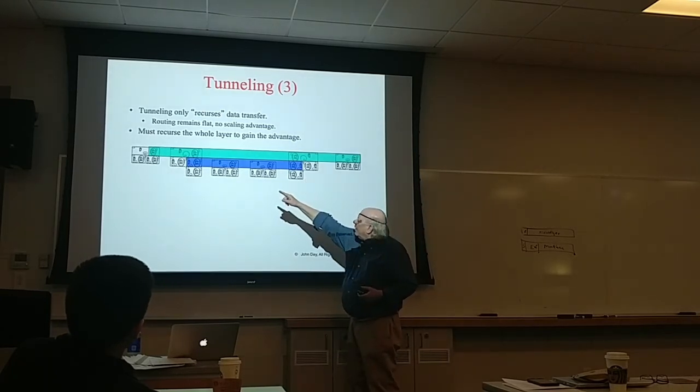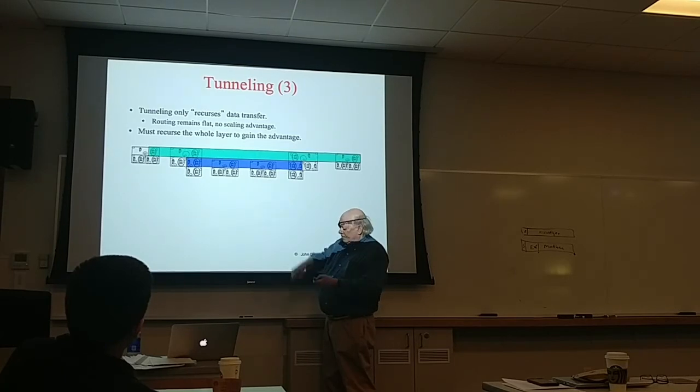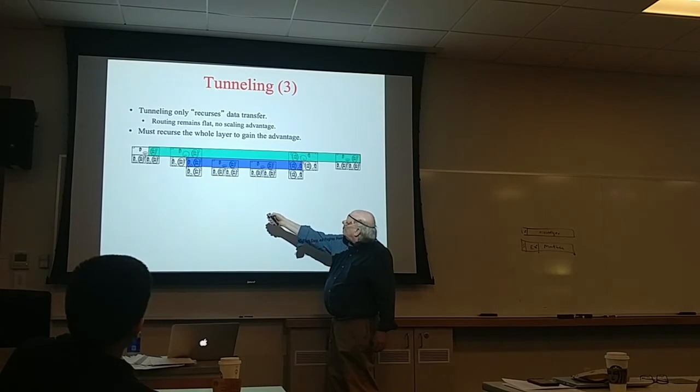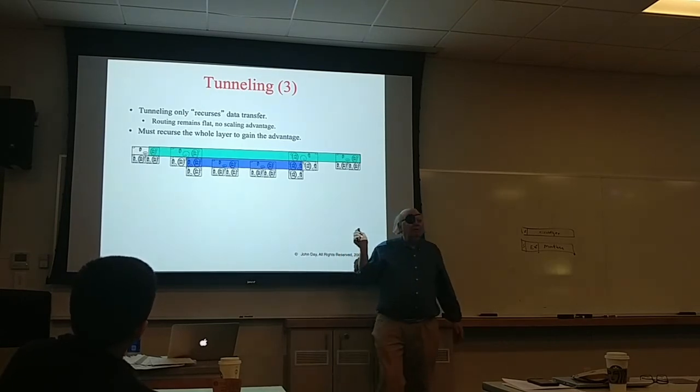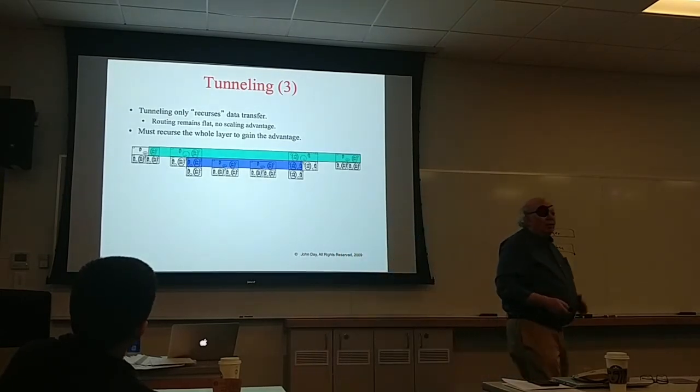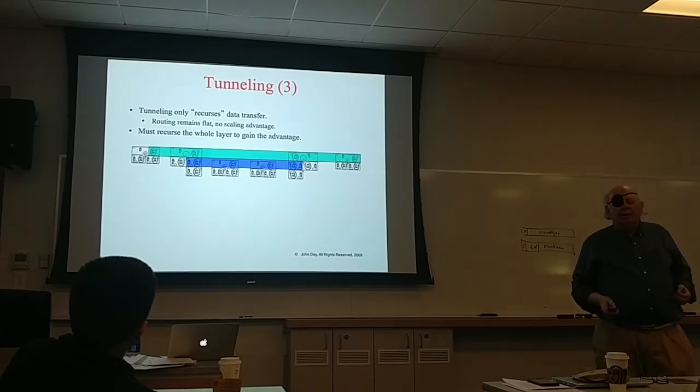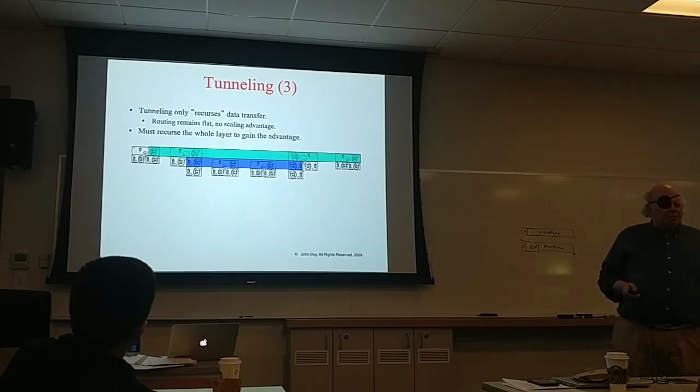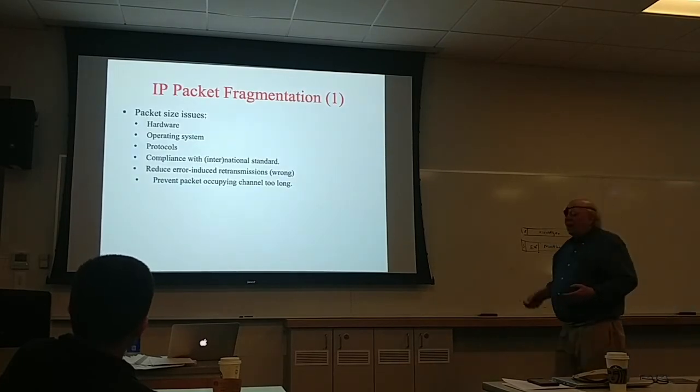This green level up here is one hop from here to here. So this is one hop, but then these hops are a different routing regime down here. Okay? And one of the big problems we have, and we'll talk about it a little later, is router table size.